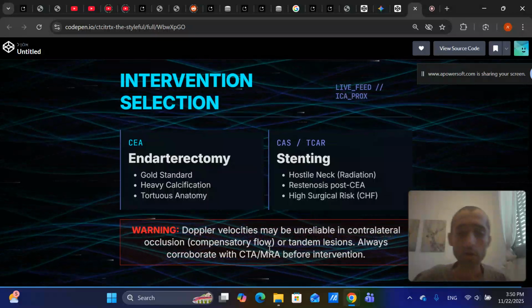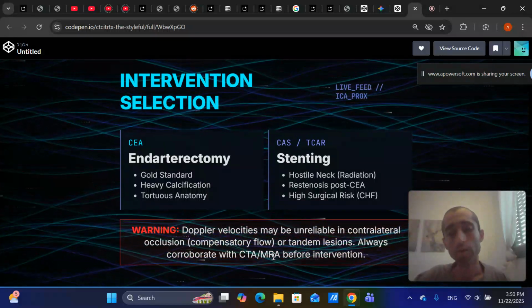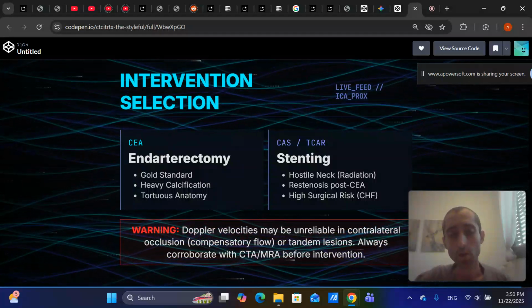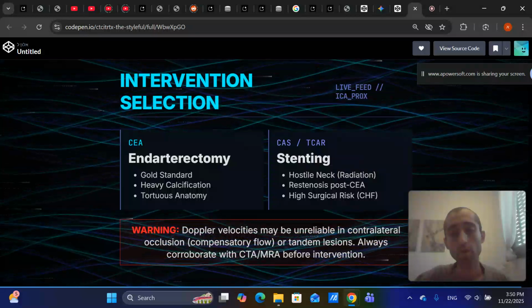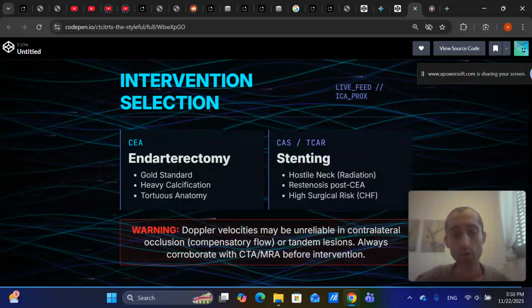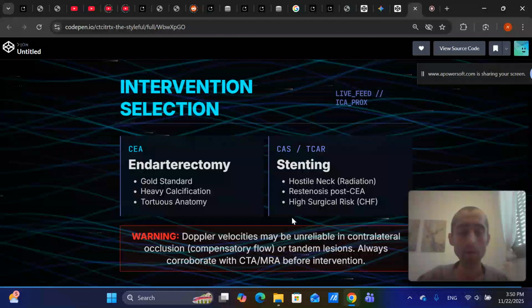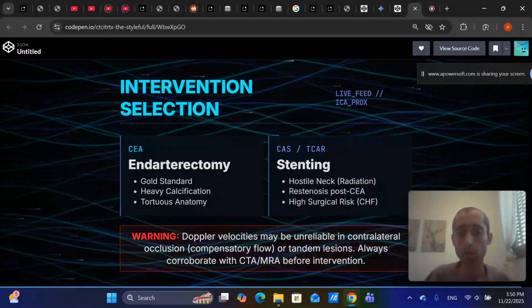And you need to do MRA or CTA for patients that are going to intervention, so that you will see the anatomy and you will see the contralateral occlusion. Now, in terms of complications of intervention, it's important.